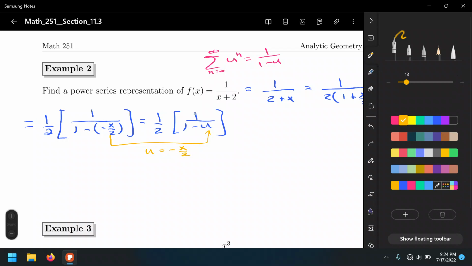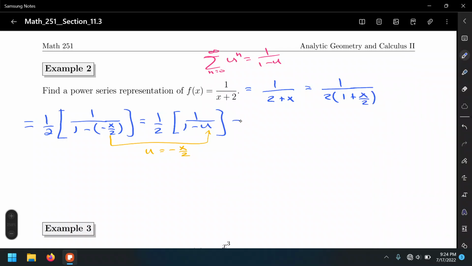So now that we have this 1 over 1 minus u, we may use the geometric series. Don't forget the 1/2. Sigma n equals 0 to infinity of u to the n, where u is negative x over 2 to the n power.